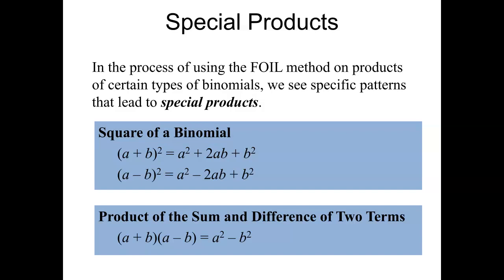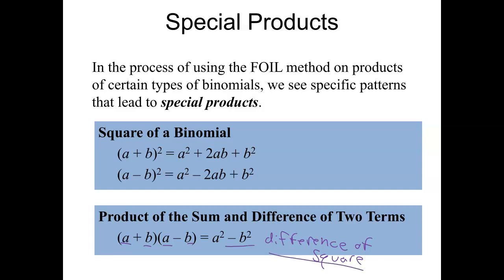Then we have the product of a sum and difference of two terms, the same two terms. We haven't done one of these yet. The same two terms, but one added and one subtracted. It gives us a difference of squares, which again is a special case polynomial.